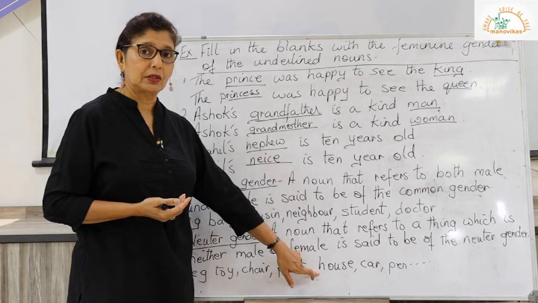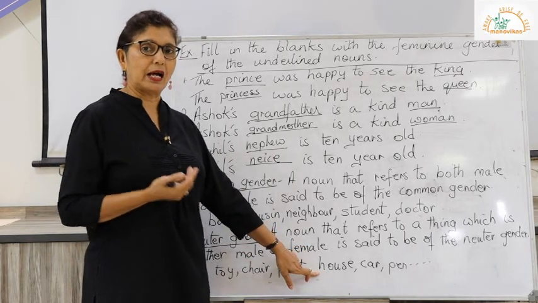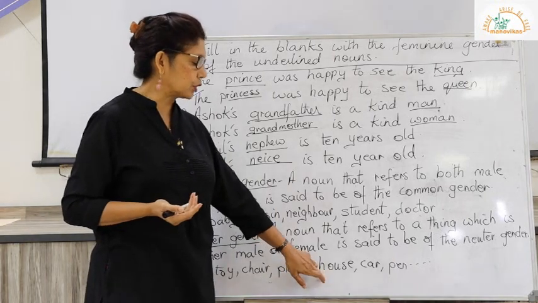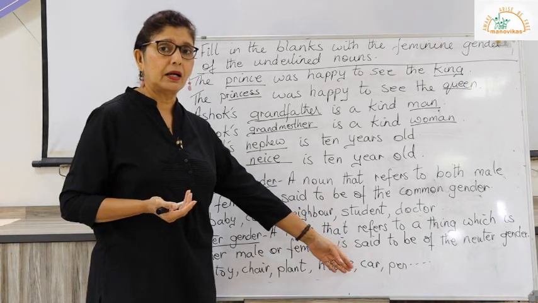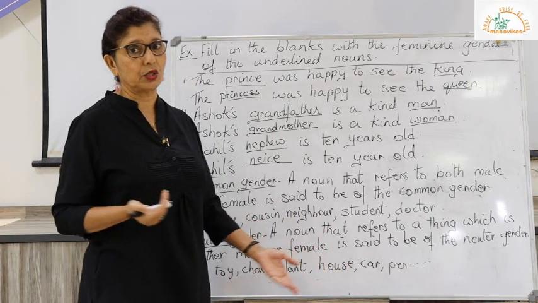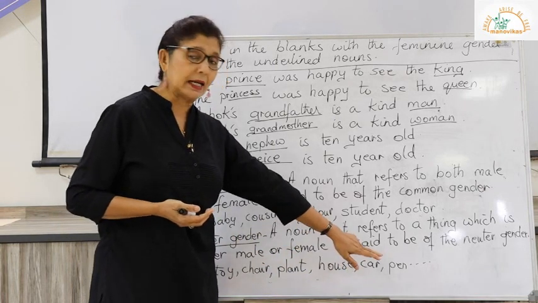A house. A house has no gender. Do you think a house is a female or do you think it's a male? No. Again, it's a neuter gender. Your car. Again, no. It's not masculine nor feminine. So it's called the neuter gender. Pen.